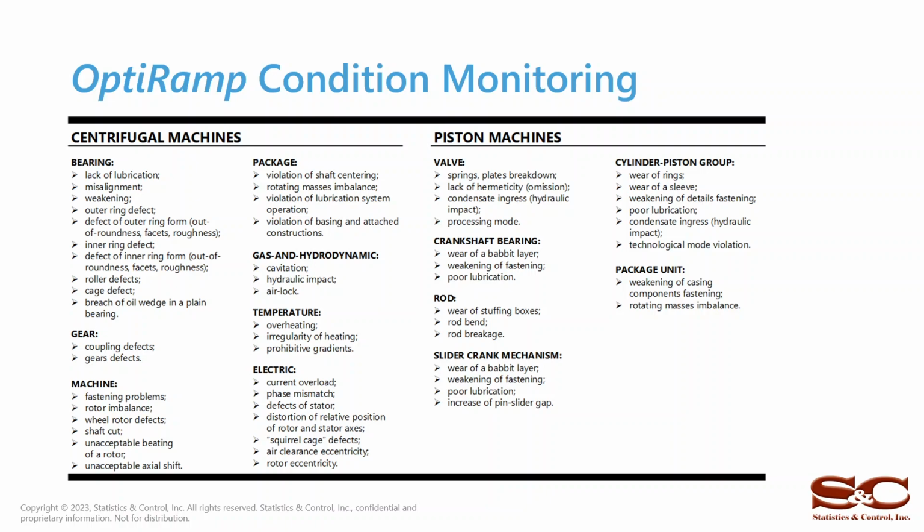And so for the centrifugal machines, you can see that we can help track a lot of these deficiencies and help calculate when, say, for example, something's cavitating, you have rotating mass imbalances, coupling defects, gear defects, especially for electrical motors, whether you have current overload, phase mismatches, distortions of relative position of rotor and stator axes, squirrel cage defects. All of these things, as long as data is coming in and we're calculating how it's operating, we can help detect some of these aspects that are going on in all of your different turbo machinery equipment.